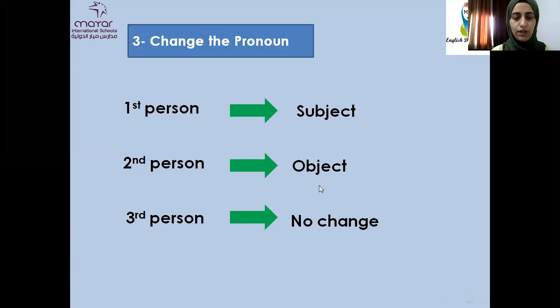So if I say Ahmed told Layan, you changes according to Layan, so it changes to she. And the third person, which is he, she, or it, we don't change. We leave them as they are.